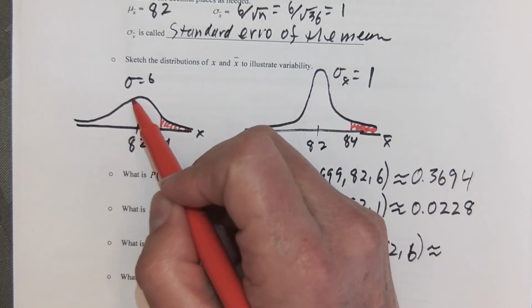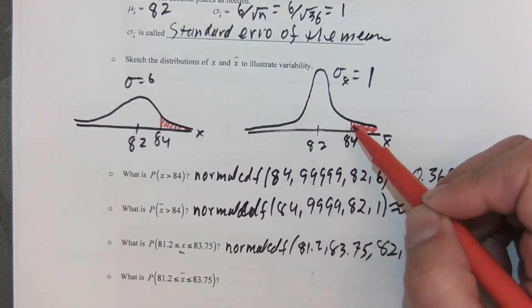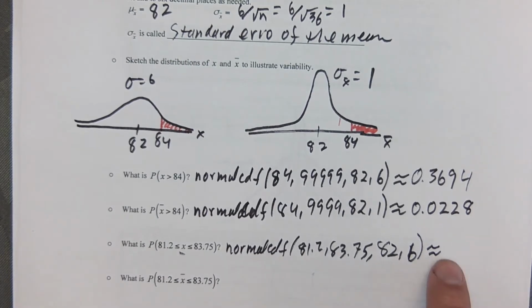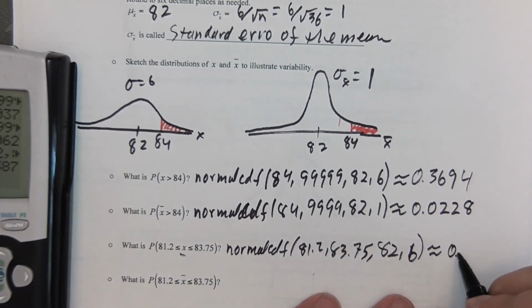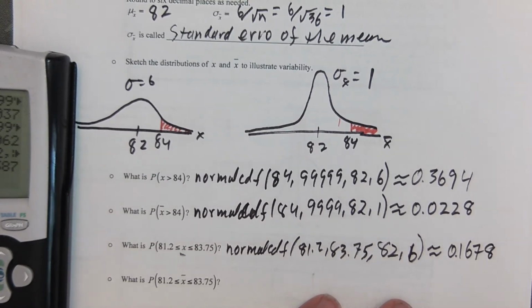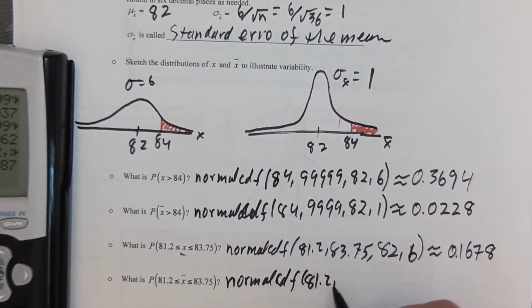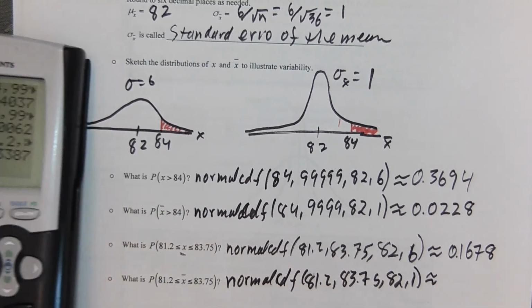So I don't want to draw on this one, but that's going to be right next to 82 in there. So that's going to be a really small sliver. Whereas if we're here and here, you can see the vast majority of that is going to be in the middle there. So I expect this one to be a lot lower than this one. So here we go. I got 0.1678. Whereas this one, normal CDF, this is going to be dramatically larger, I'm guessing.